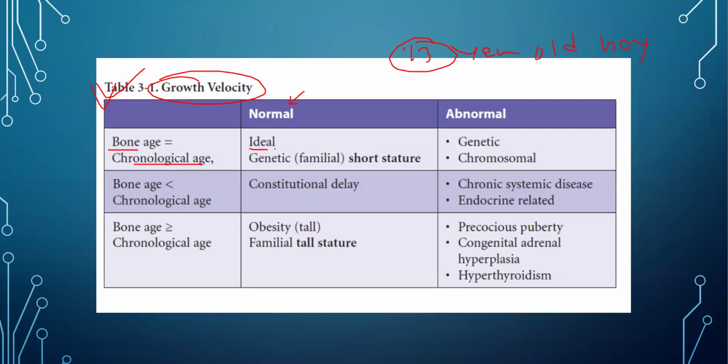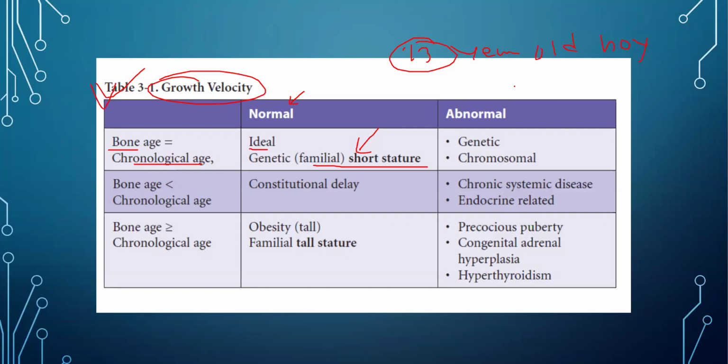Even if the child has a genetically short stature, like familial short stature, bone age will be equal to chronological age. There is nothing you can do about it because it's a genetic pattern. The boy will be short, and that is how he is built.